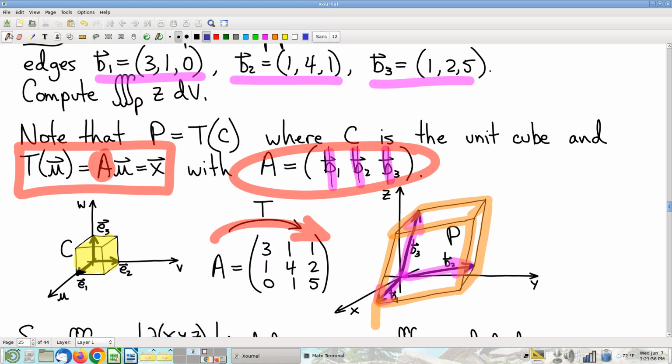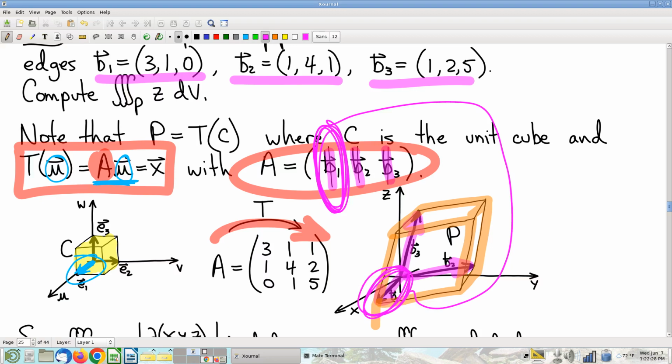Well, let's just think through what are the images of these defining vectors here, E1, E2, and E3, and we'll start with E1. What is the image of E1? I've got my change of variables function defined. The image of E1, I am going to be putting E1 right there. What do I get when I multiply a matrix times E1? I get the first column. And by clever construction, that first column then is the first edge of the parallelepiped.